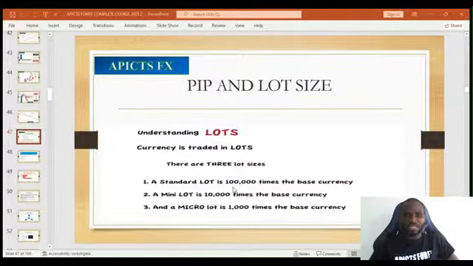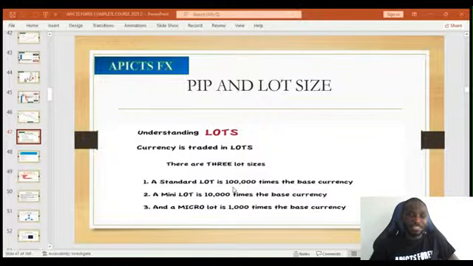You have your standard lot, which is 100,000 times the base currency. I will explain that, don't let it go over your head. Then you have your mini lot, which is 10,000 times the base currency, and the micro lot, which is 1,000 times the base currency.